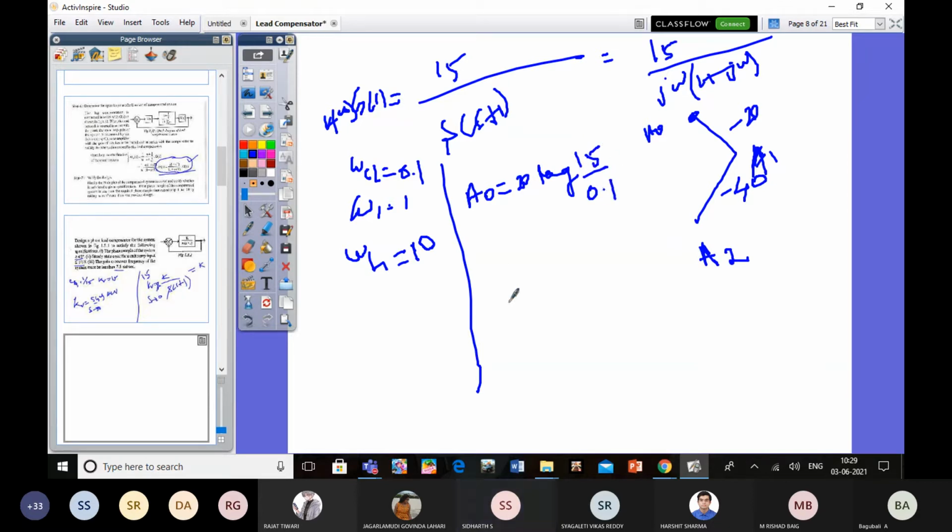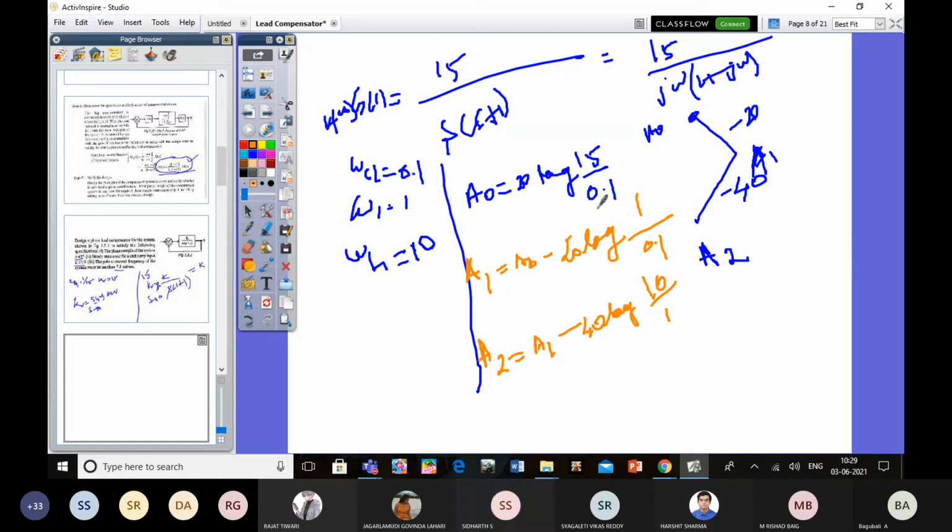Very good. What about A1? A1 is A0 minus 20 log of 1 divided by 0.1. What about A2? A2 is A1 minus 40 log of 10 divided by 1.